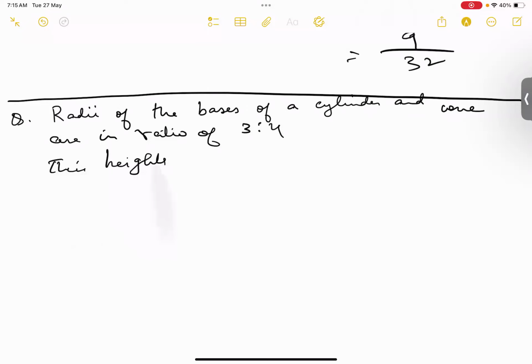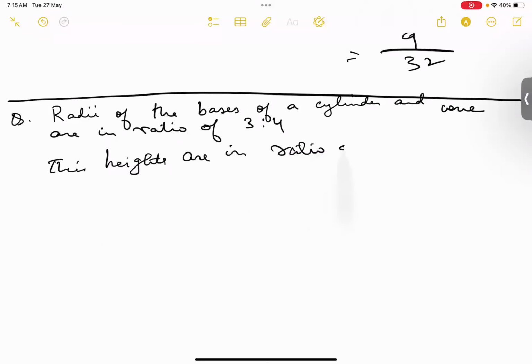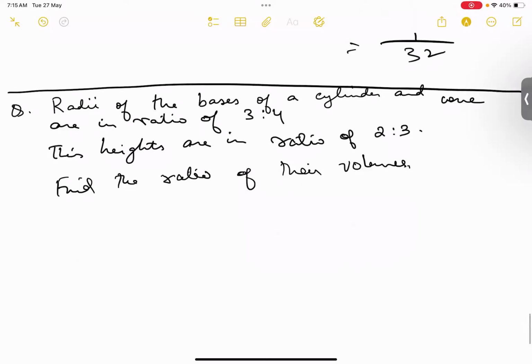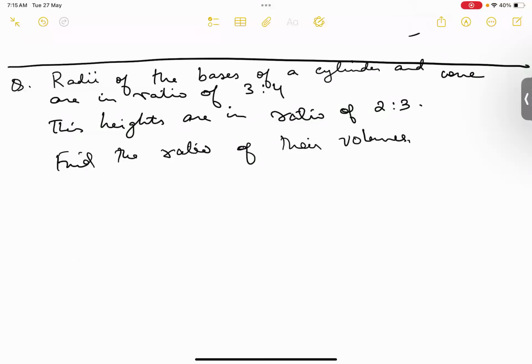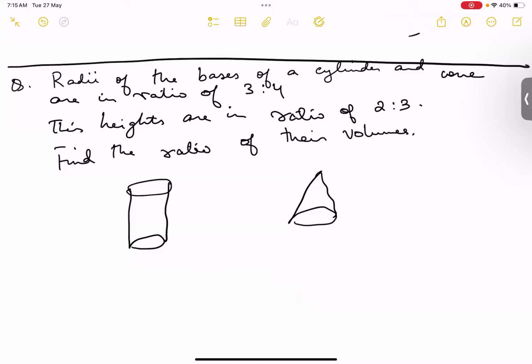Their heights are in the ratio of 2:3. Find the ratio of their volumes. So here we have a cylinder and a cone, two different three-dimensional figures that have been given in the question.